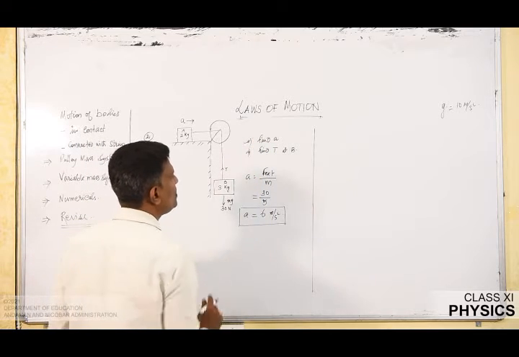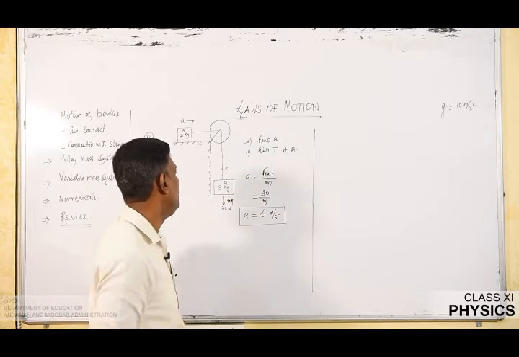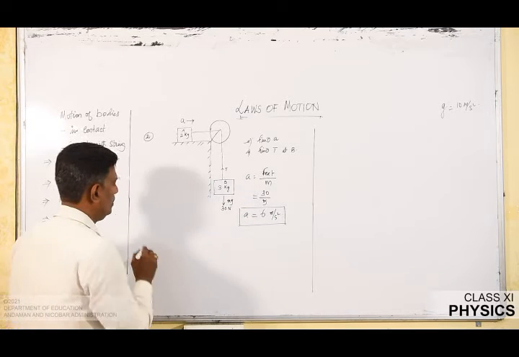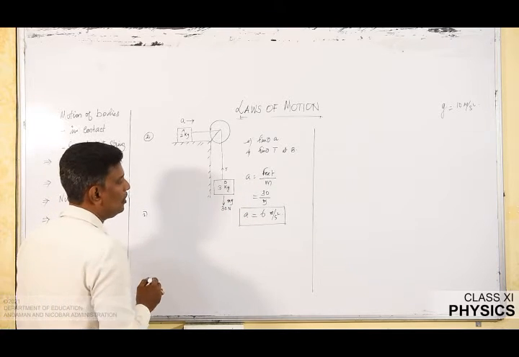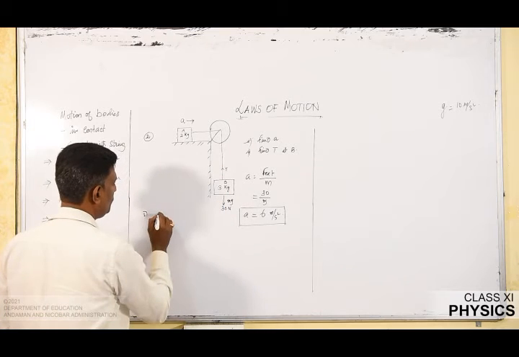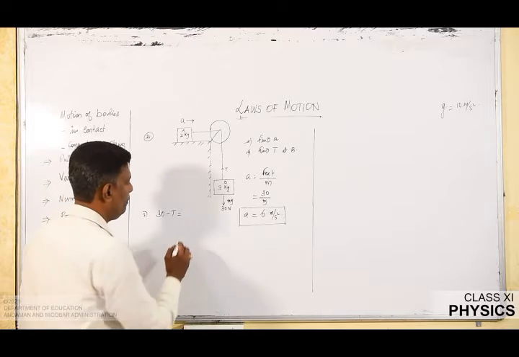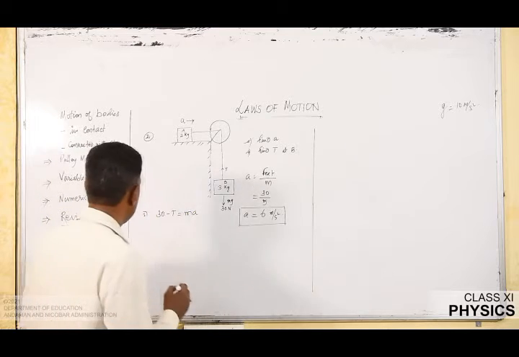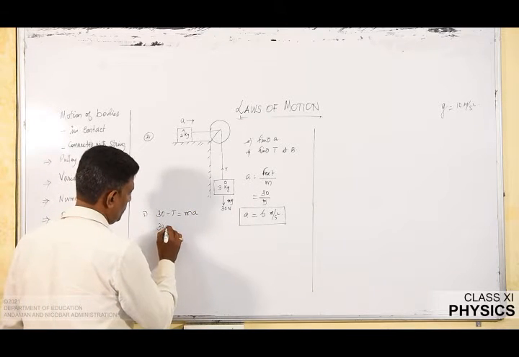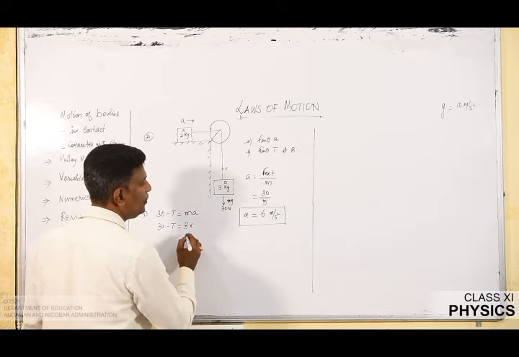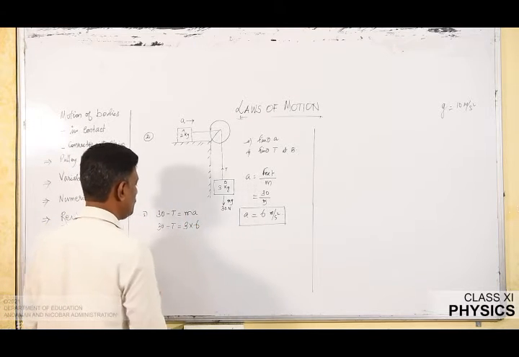So in the second case, find T at B. Since the acceleration is downward, 30 minus T is equal to ma. So 30 minus T equal to mass 3 into a, we have calculated 6.